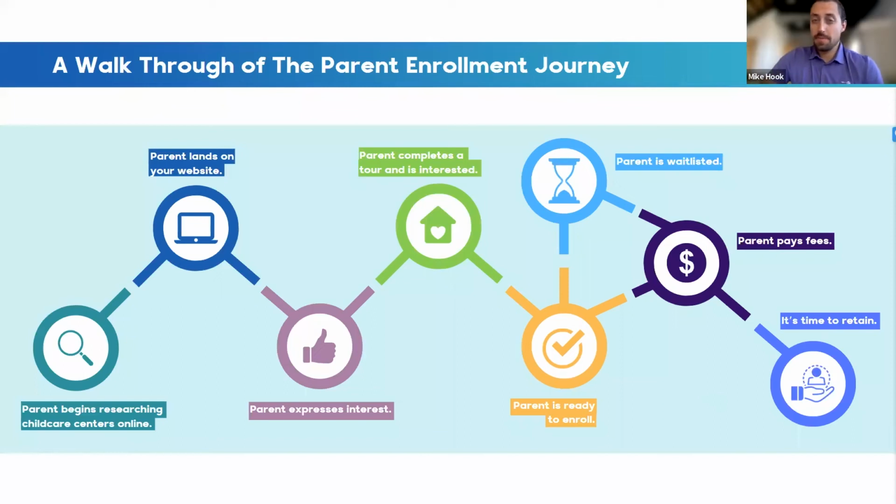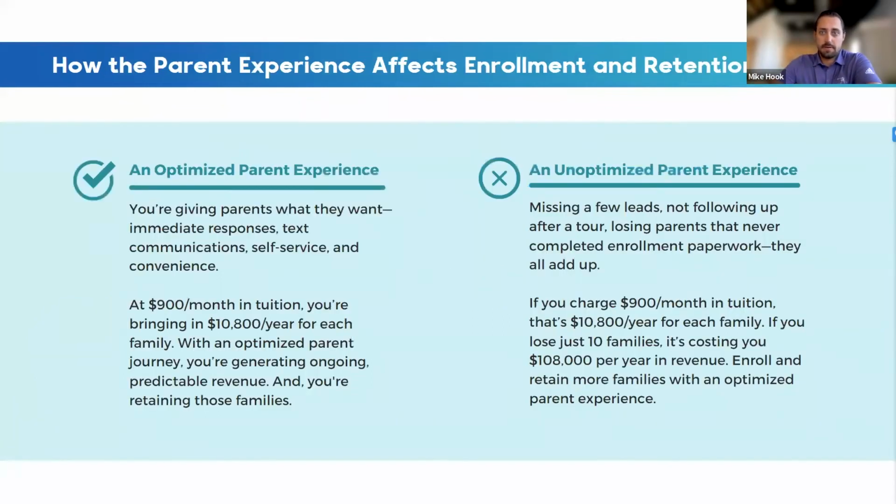And as we move on to the next steps here, this does reflect your enrollment and retention. I personally have paid more for things in my life because they are easier. If you are giving parents what they want, when we talk about some of the things that bring the parent buying journey along, right? Those quick responses, a good website, good information there.